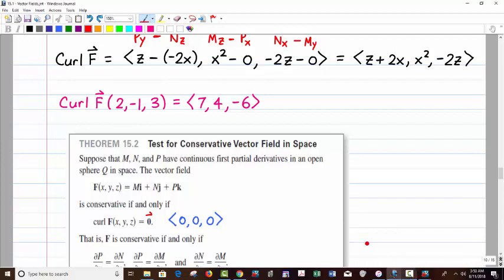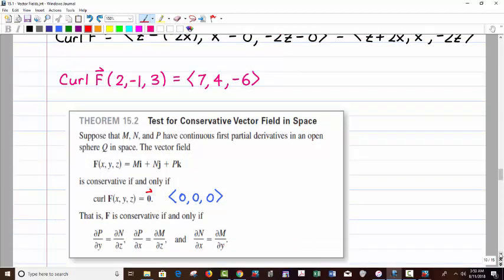So let's take a look at this theorem, how to test for a conservative vector field in space. And as I mentioned earlier, it would be a completely different method than it was for testing in the plane, where you had the Nx equals My partials. Well, it's real straightforward.